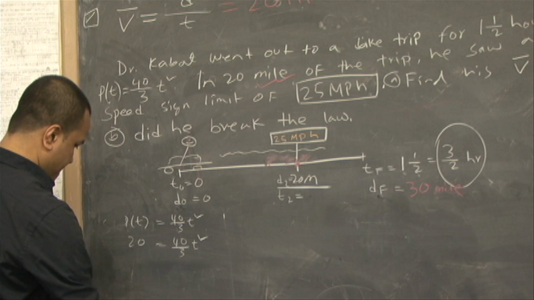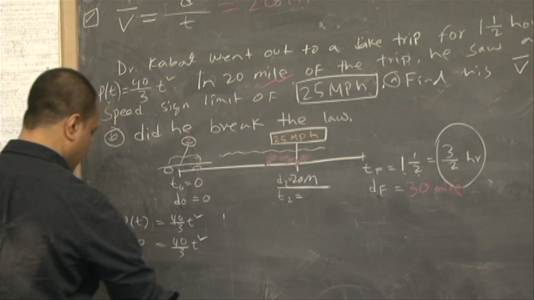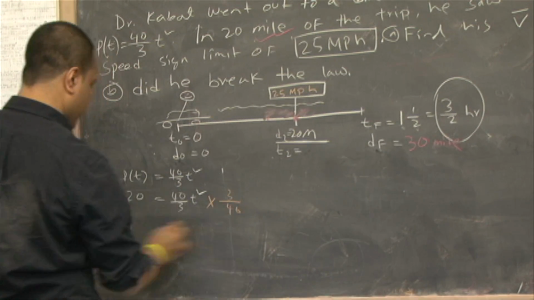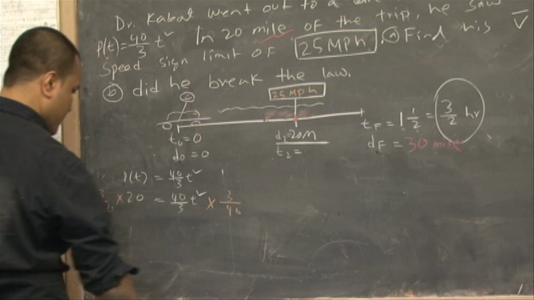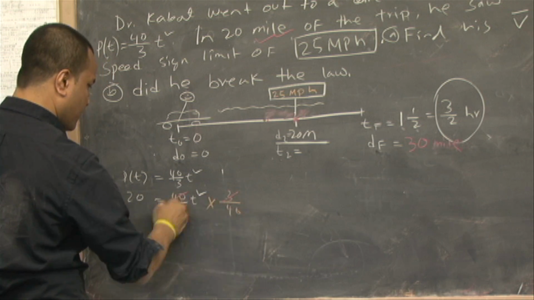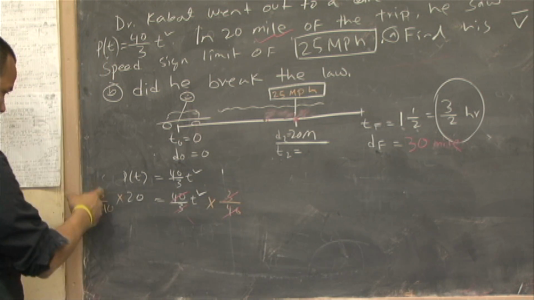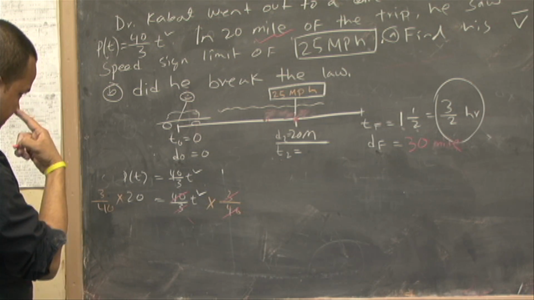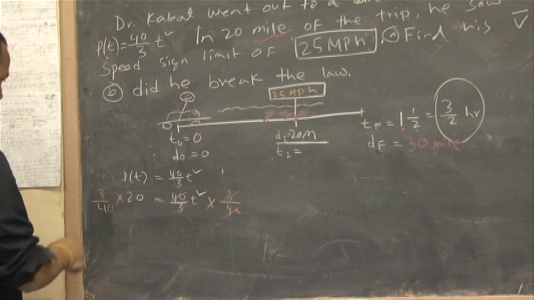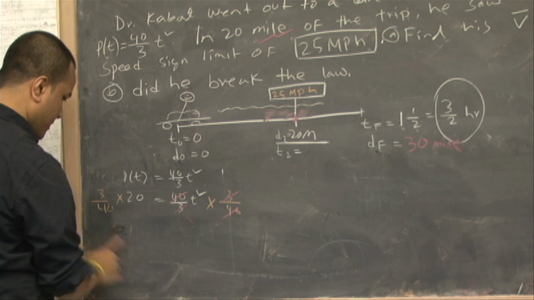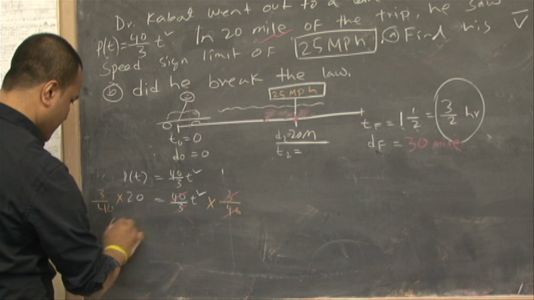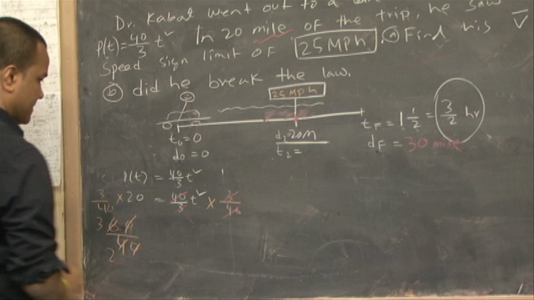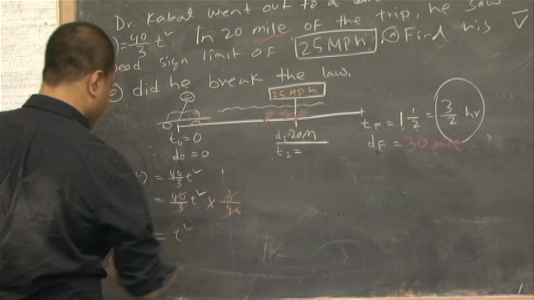Now we can multiply both sides by 3/40. Then the 3 cancels, the 40 cancels, and here we have 60 over 40, and the 0 cancels, 6 over 4, 3 over 2, and over here T².